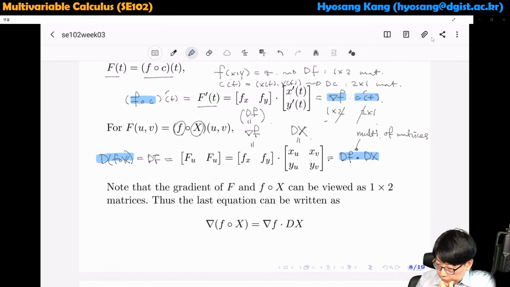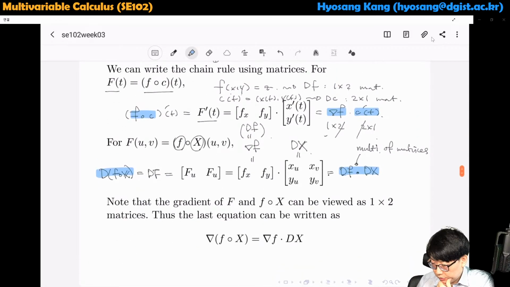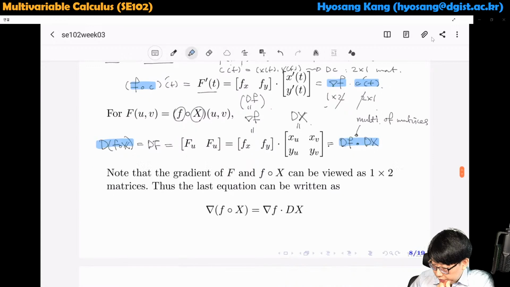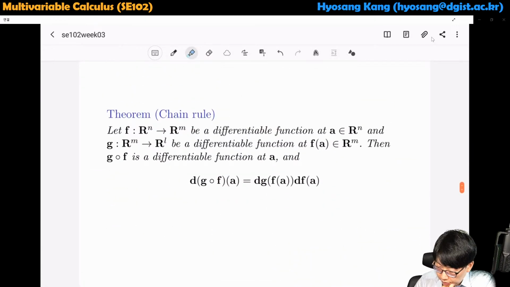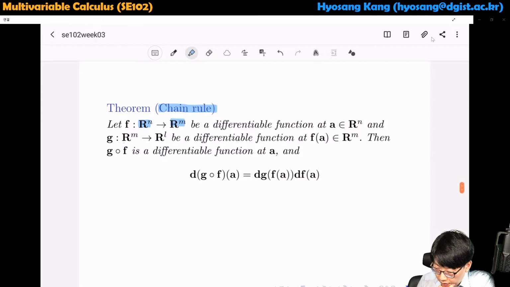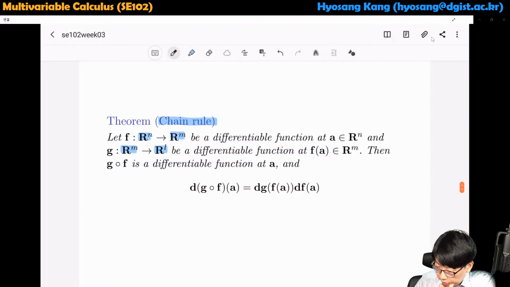So note that the gradient can be written as a 1 by 2 matrix, and the last part says the same thing I just said. So to summarize, let's look at this one. This is the most general form of the chain rule. We have a function which sends n-dimensional space to m-dimensional space, and we have another function which sends m-dimensional space to l-dimensional space.